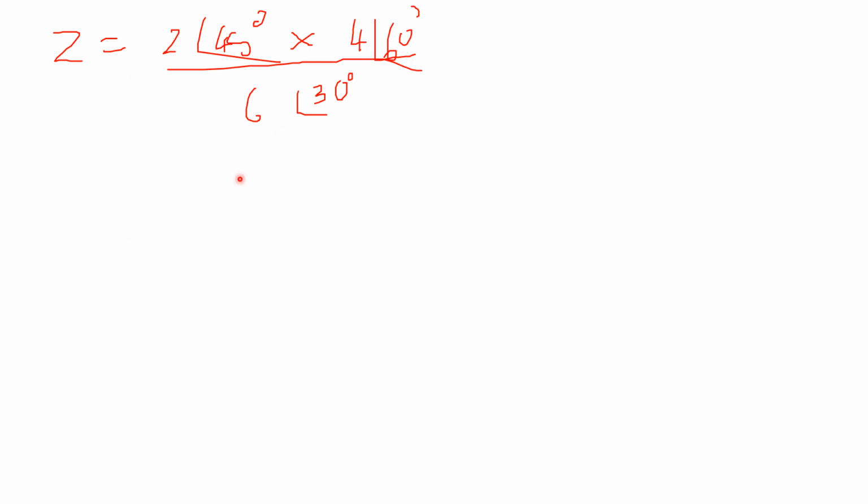So basically the expression is given in polar form, and we simplify it and then convert it to rectangular form. When we are multiplying polar forms, we multiply the coefficients and then we add the angles. So 4 multiplied by 2 is 8.